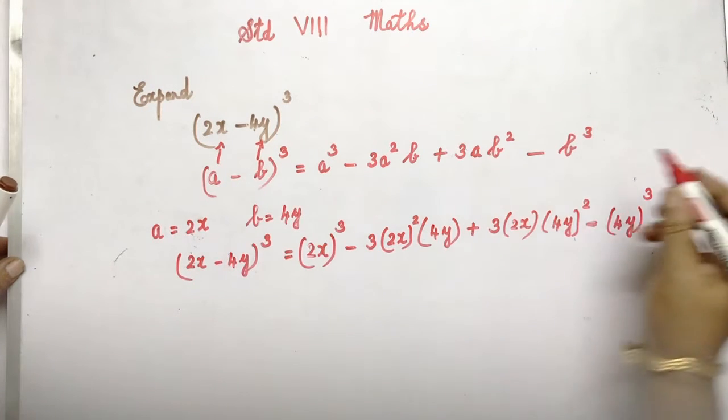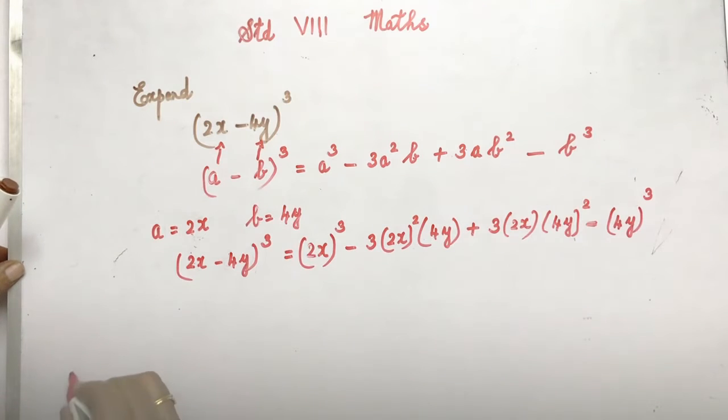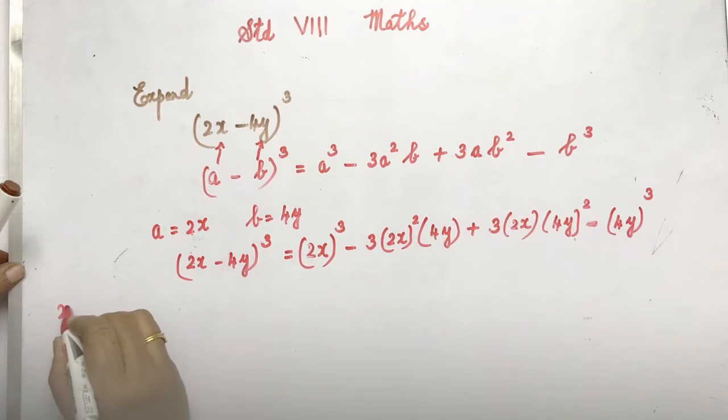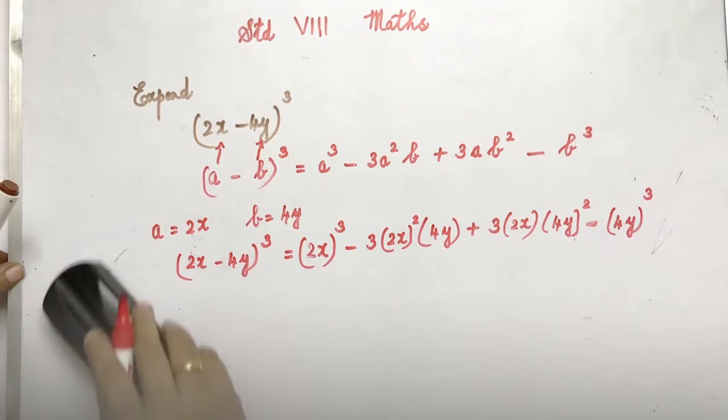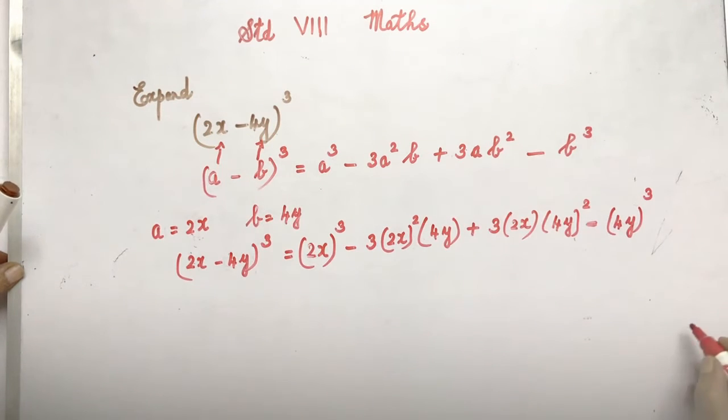Now 2x cube. What is the meaning of 2x cube? So (2x) whole cube is equal to 2 cube x cube. 2 cube means 2 into 2 into 2, that is 8x cube.